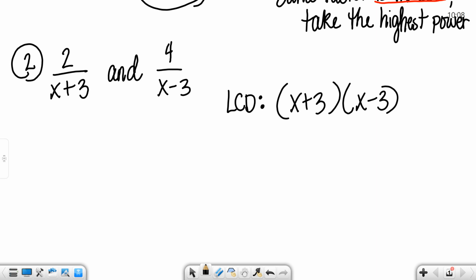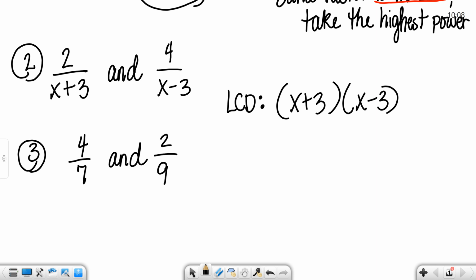Now, let me just relate that to something maybe you can understand without variables. Like if I have 4/7 and 2/9, and I said, what is the least common denominator? Well, 7 multiplies to be 1 and 7. 9 would be 1 times 3 times 3.